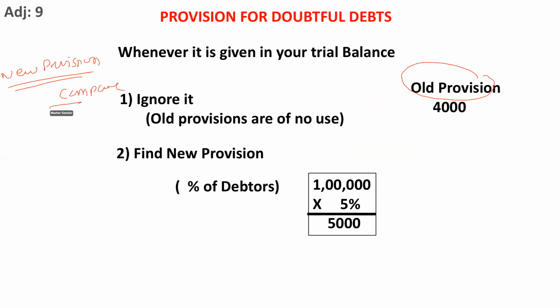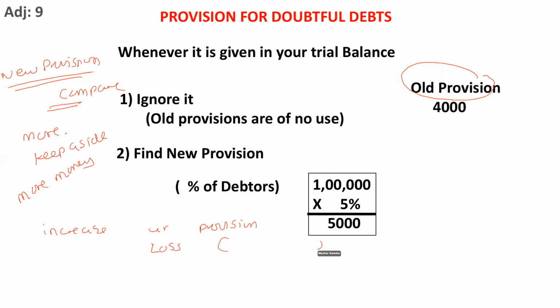If your new provision is more, which means you think that you have to keep aside more money, it means you have to increase your provisions. And if you're increasing your provisions, that means it is a loss, which is an estimated loss for you, only the difference.